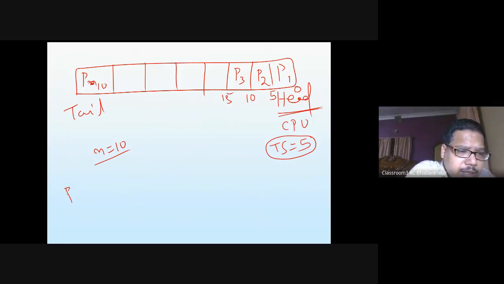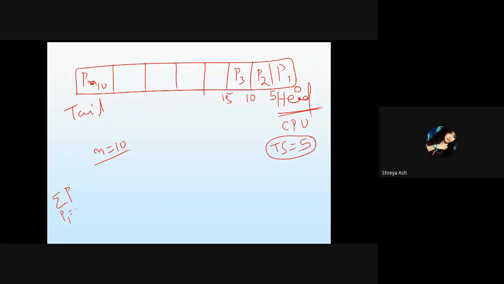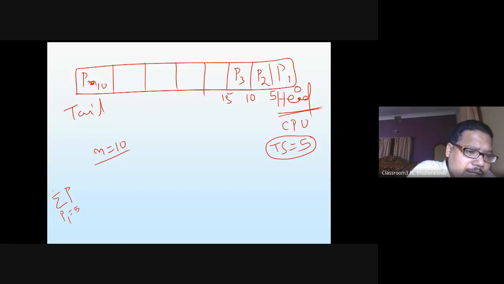So let's take the summation. P1 starts at 0, and its execution takes only 5, though it can go for any value greater than 5.